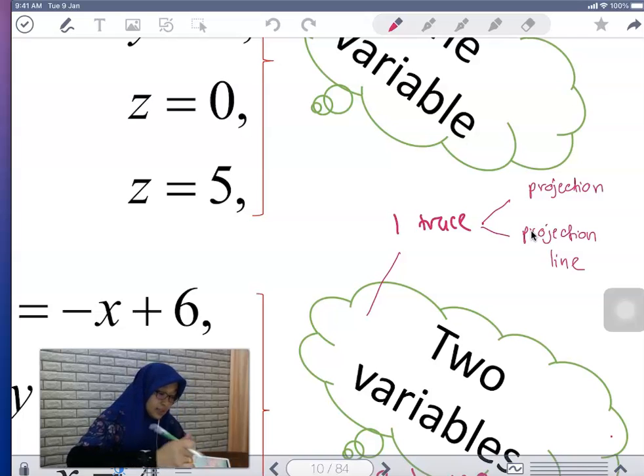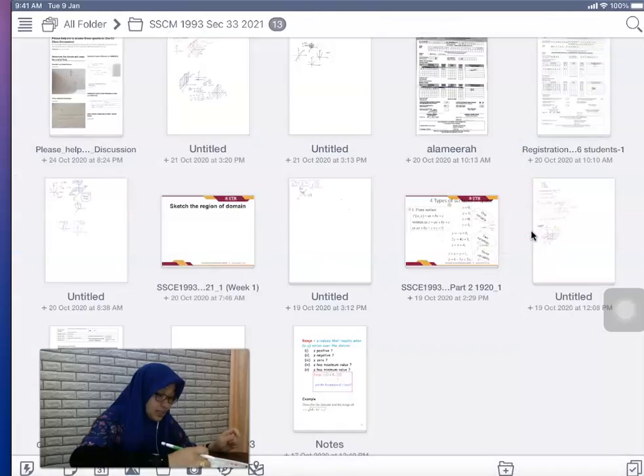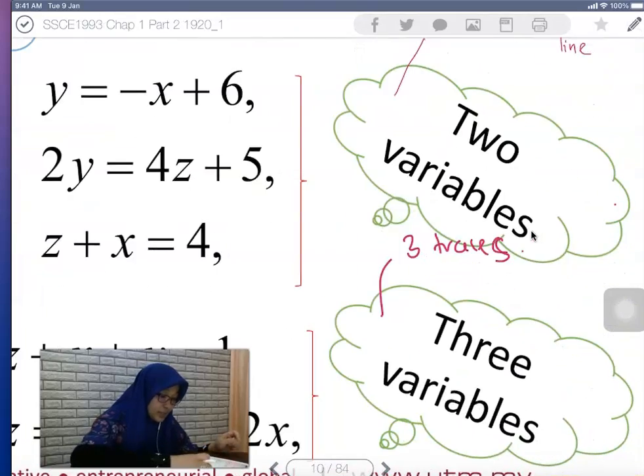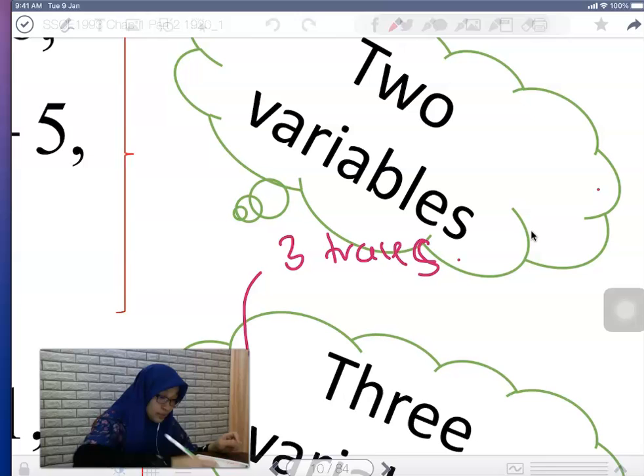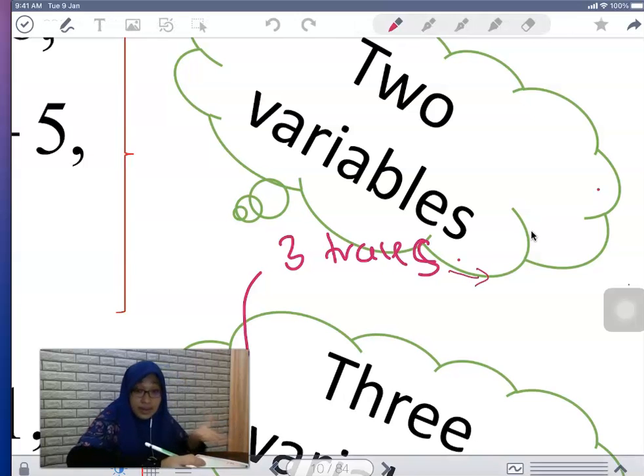For 3 traces, you have to combine all 3 traces into a single 3D system. So for 3 traces, there is no projection. You have to bear in mind and always remember, this is a very important thing.